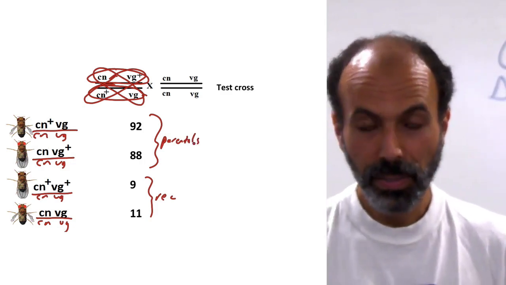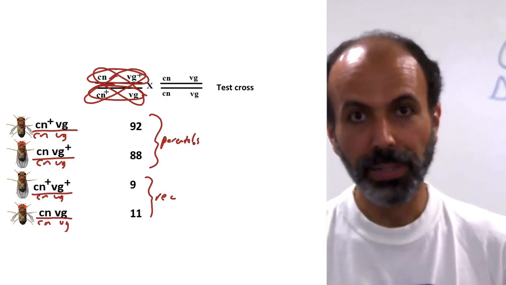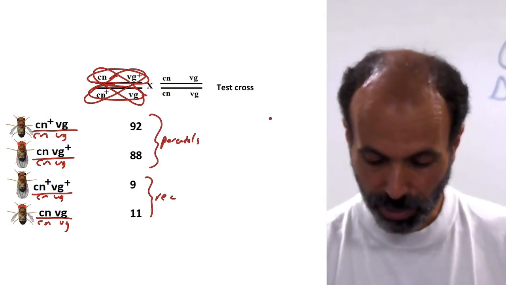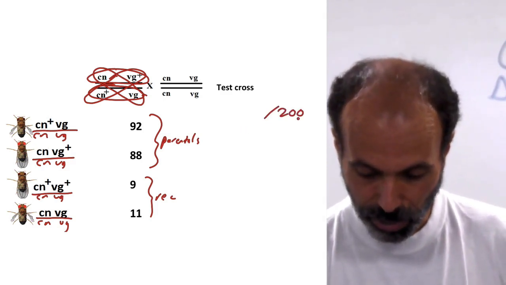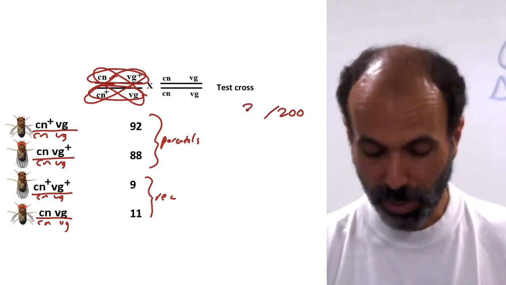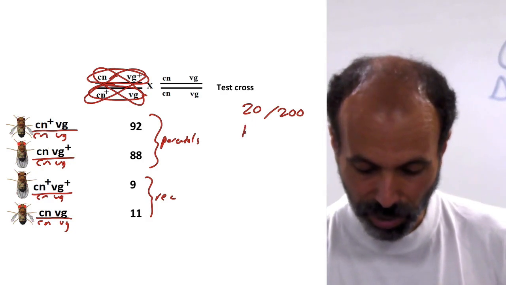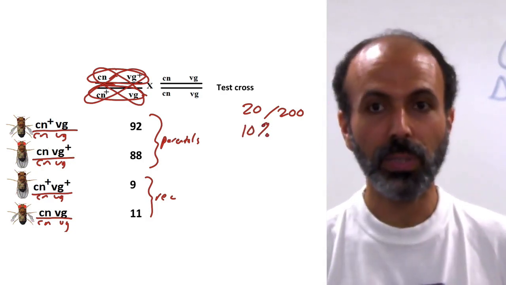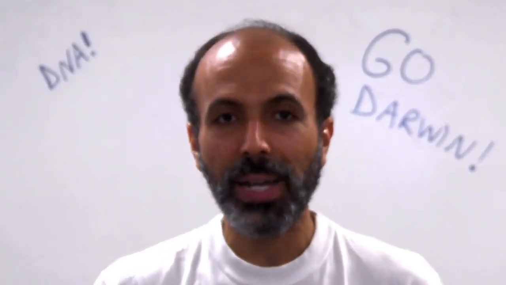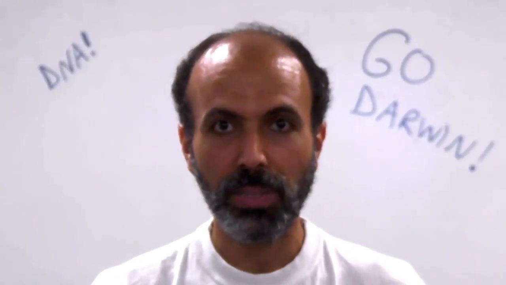Okay? Now what fraction overall here are recombinant? Well, the total number of flies here is 200. The total number of recombinant here is 20. So the recombination fraction is 10%. There's 10% recombination between these two things. So this gives you some idea of distance between these two genes.